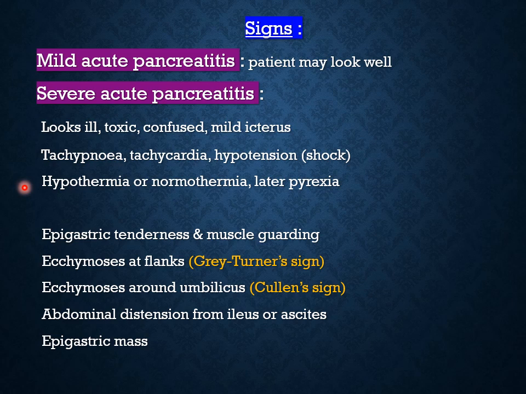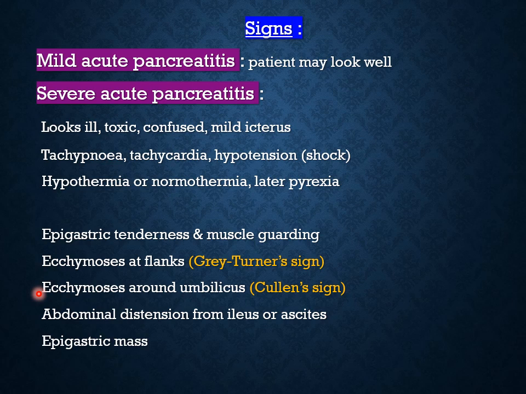Later he develops a fever, and on examination of the abdomen, there is tenderness and muscle guarding, maximum in the epigastric region, and it can be over the whole abdomen. There are features of generalized peritonitis in severe cases. Ecchymosis at the flanks is known as Grey Turner's sign, due to bleeding tendency.